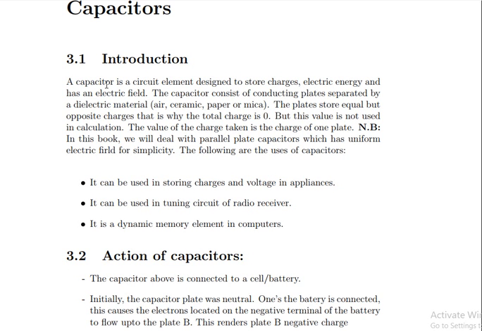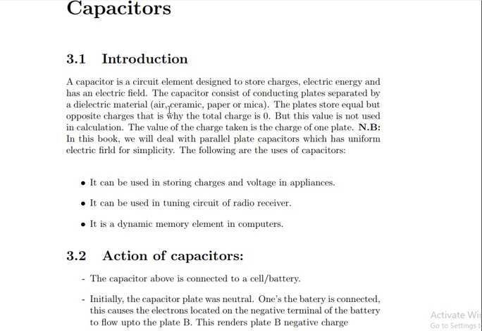But in direct current, capacitors are going to act to store charges, electric energy, and have an electric field. The capacitor consists of two conducting plates which are separated by a dielectric material.